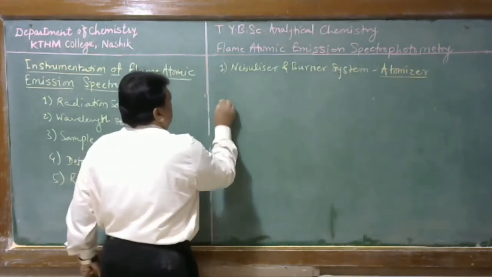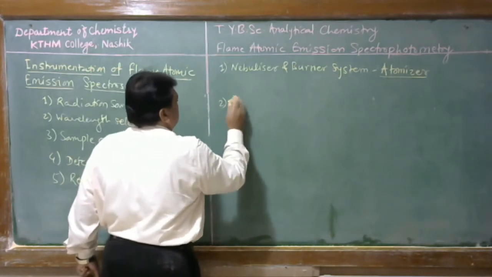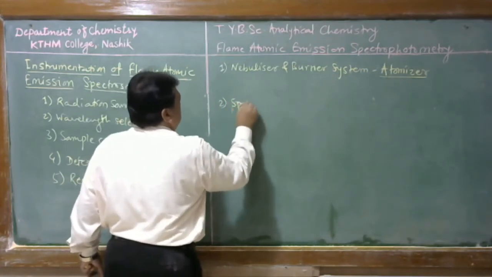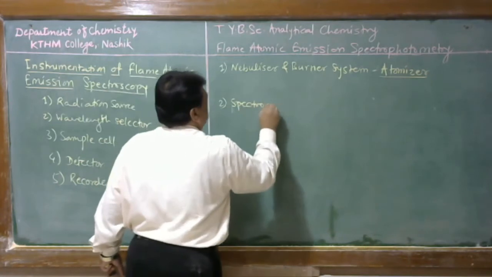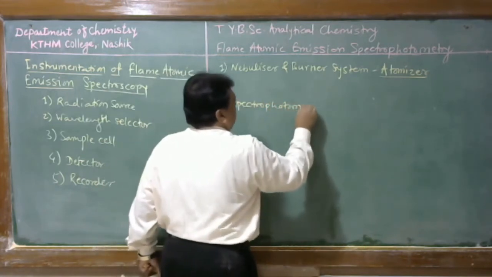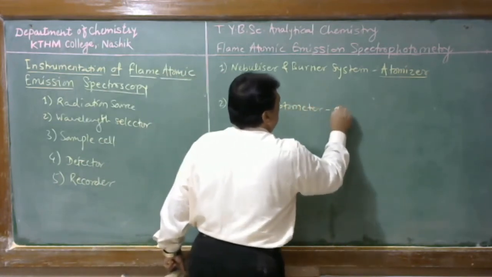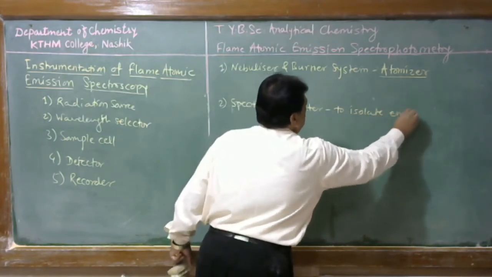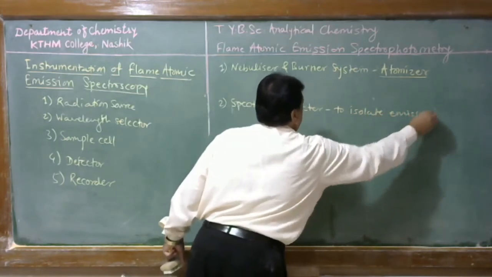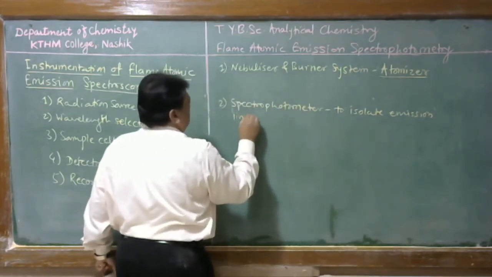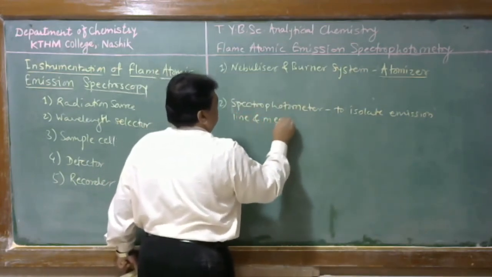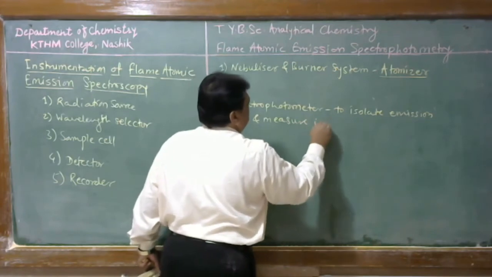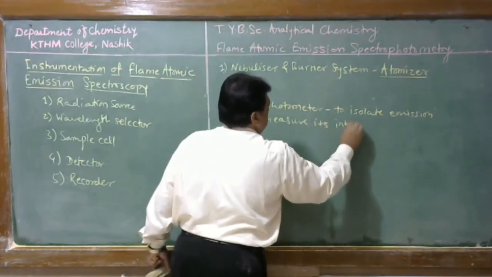The second component is a spectrophotometer. This component is required to isolate the emission line and measure its intensity.